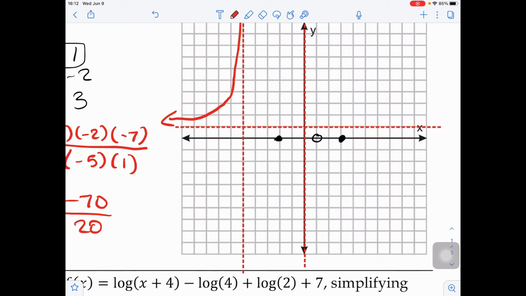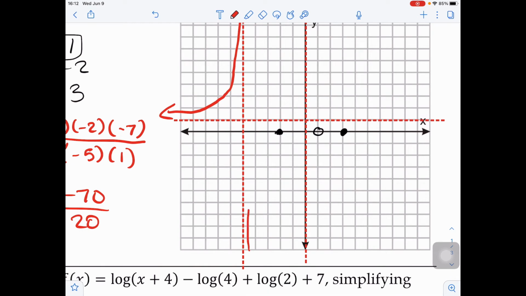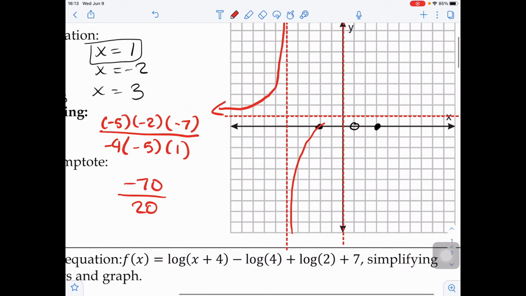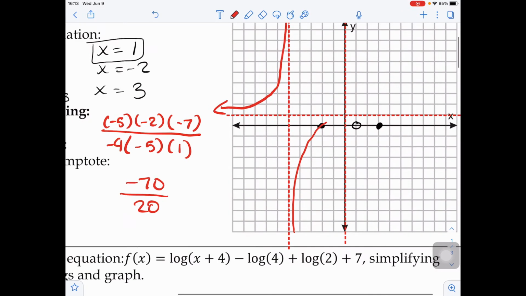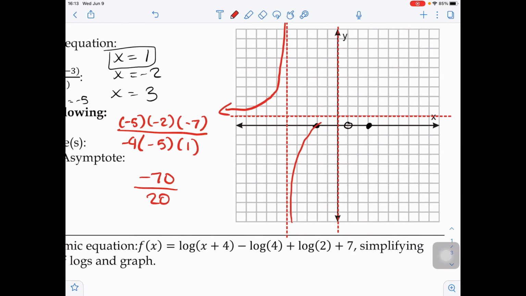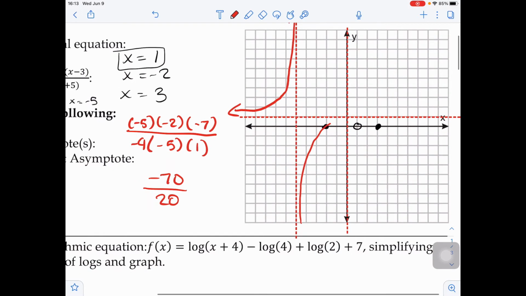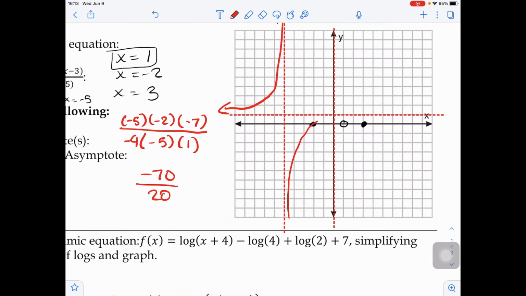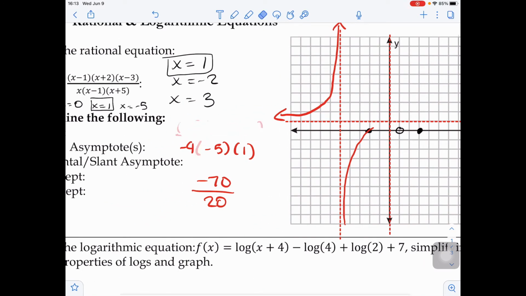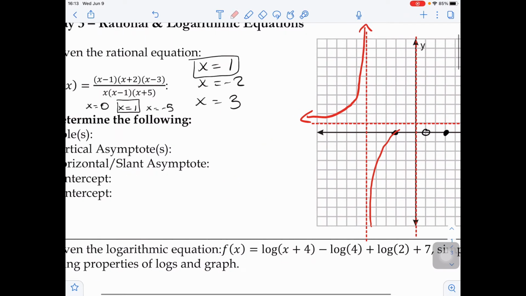Well, of course, remember, there's an asymptote right here, so we have to see where it goes from here. So let's just go through there. Now we also have to see where it goes from here. So if you go really close to 0, let's just say -1, we can further plug in some more values. -1 minus 1 is -2. -1 plus 2 is 1. -1 minus 3 is -4.